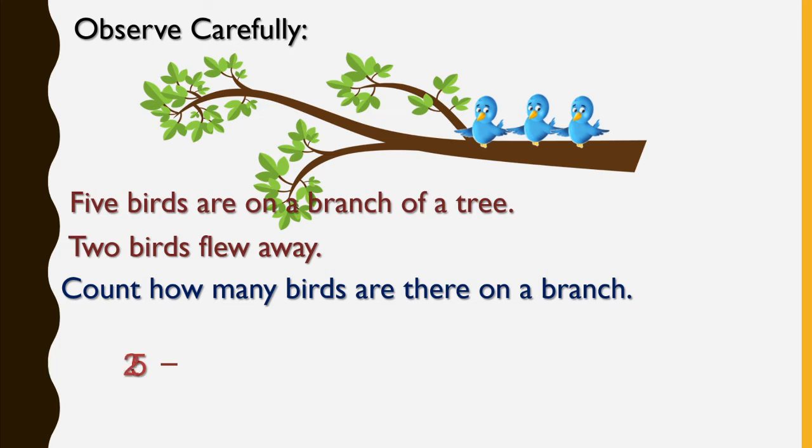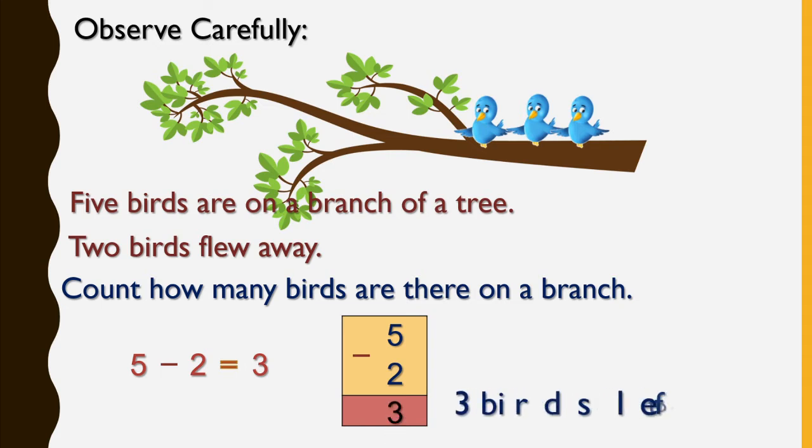Minus 2 flew away. So, how many remain? 3. Correct? In the tabular form, 5 minus 2 is equal to 3. So, let us write here 3 birds left on a branch.